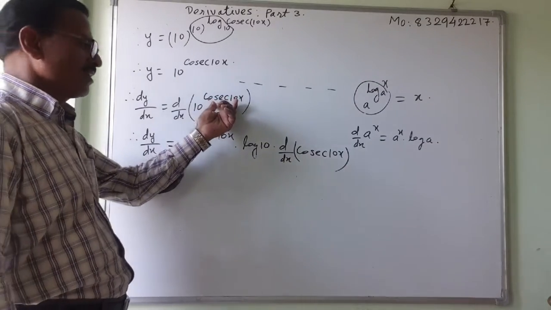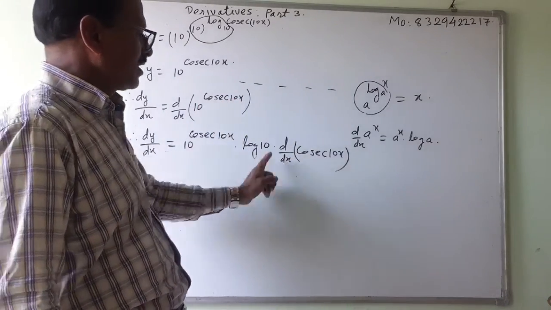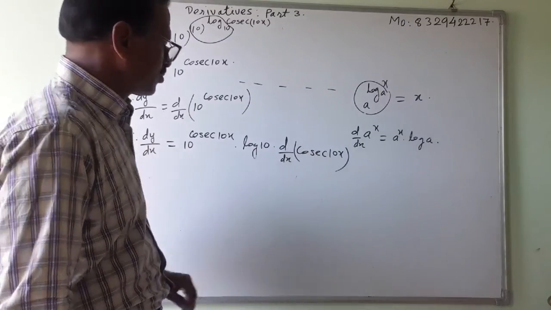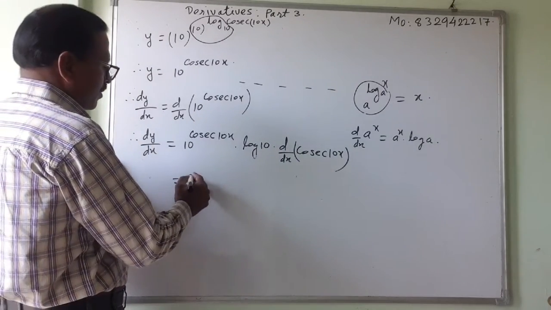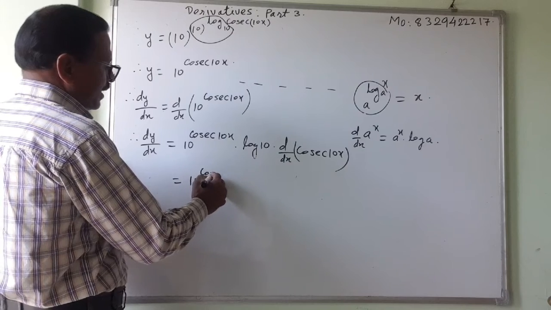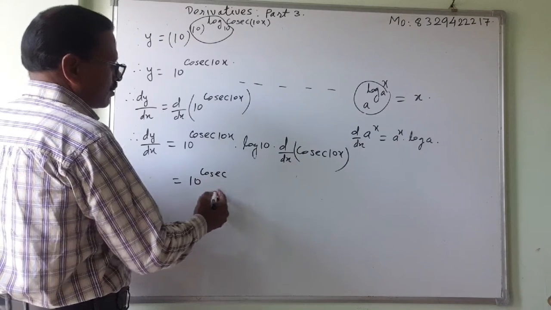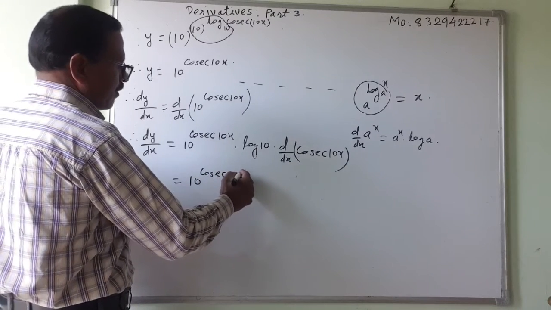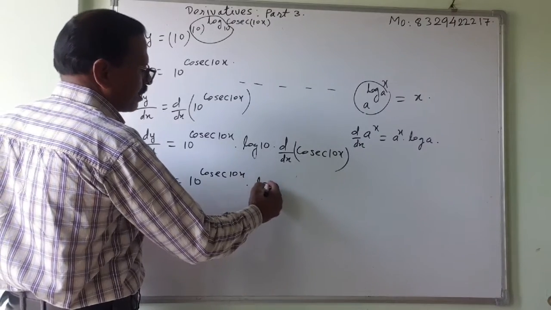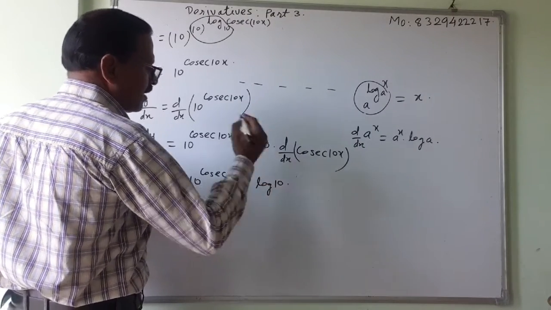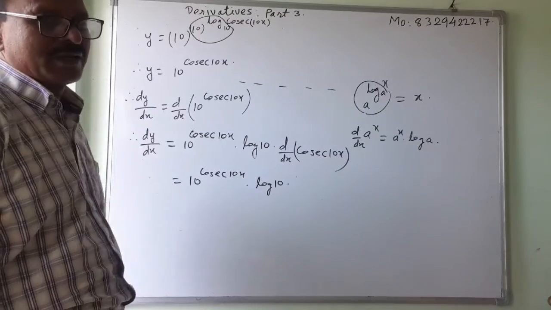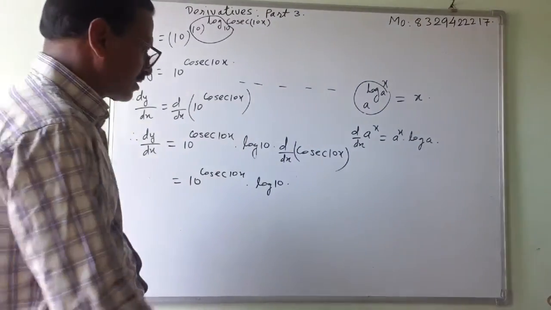This is not x, so take the derivative of it and multiply into d by dx of cosec 10x. That is equal to 10 raised to cosec 10x into log 10 into derivative of cosec, minus cosec into cot.